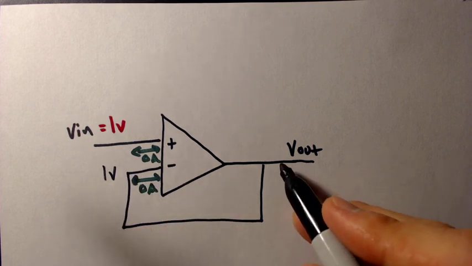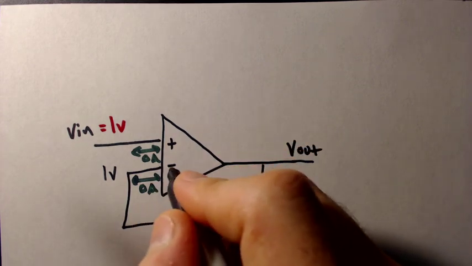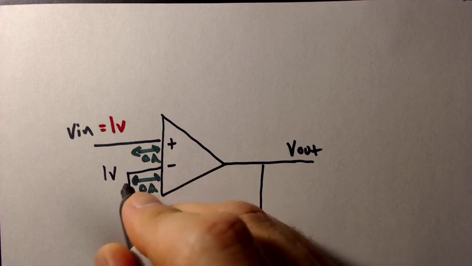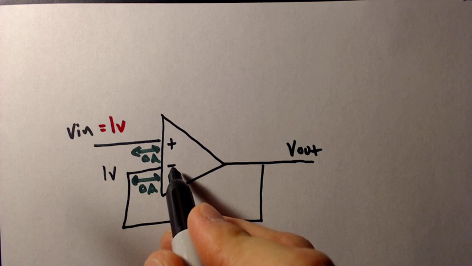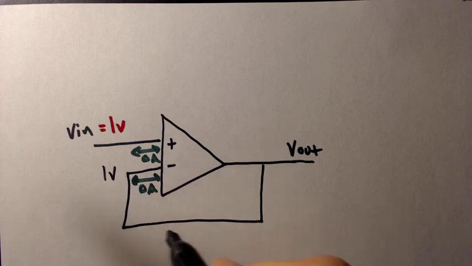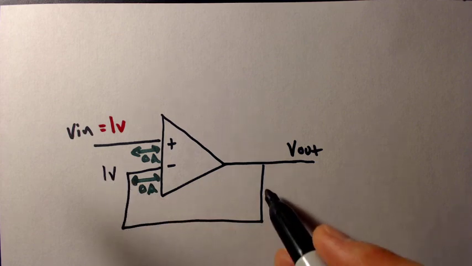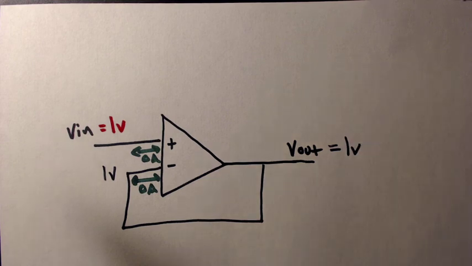Because the output made it 1 volt. The op-amp from the input side couldn't do anything to this wire, right? It's got 0 amps flowing in or out of this input. So this op-amp isn't going to be able to change anything from this input. But it can absolutely make it 1 volt by making V out equal to 1 volt.